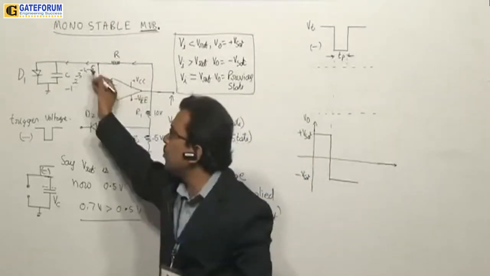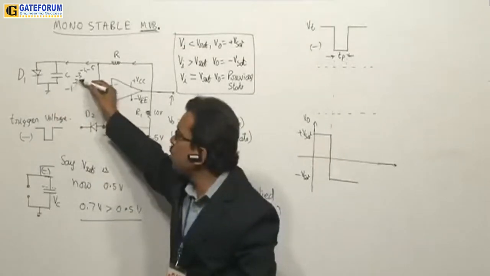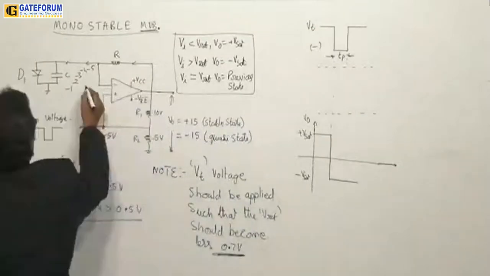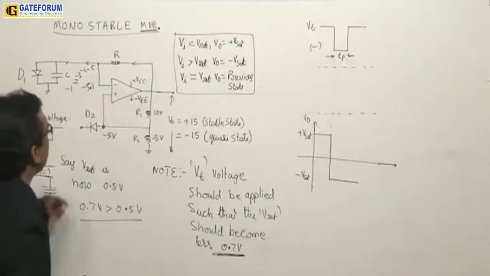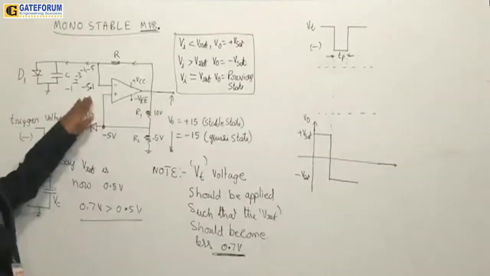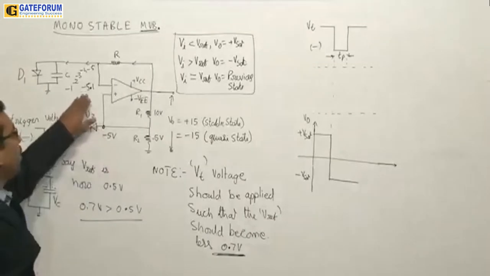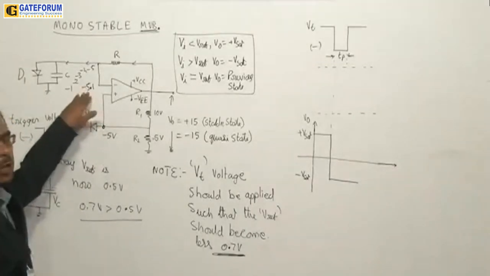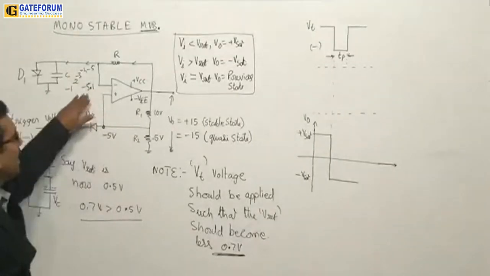In this situation, the capacitor has meanwhile been charging because the diode has become open circuit. Minus 1, minus 2, minus 3, minus 4, minus 5 it has come. Now the capacitor voltage will become minus 5.1. Carefully observe, minus 5.1 is less than minus 5.